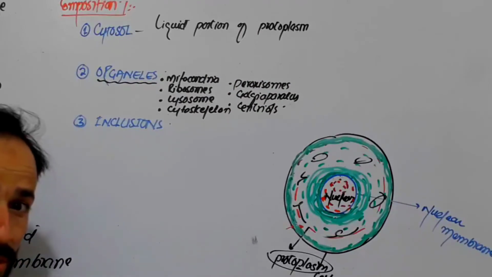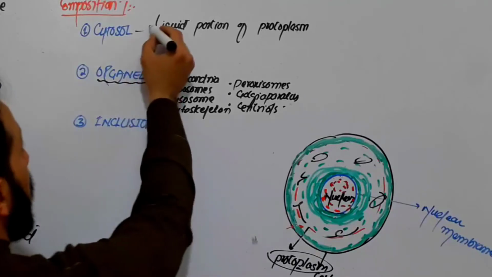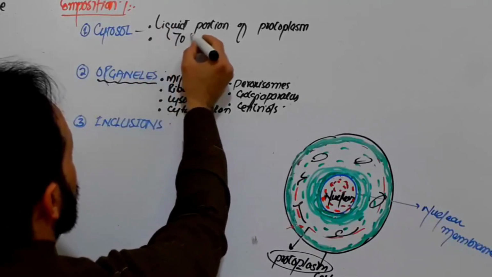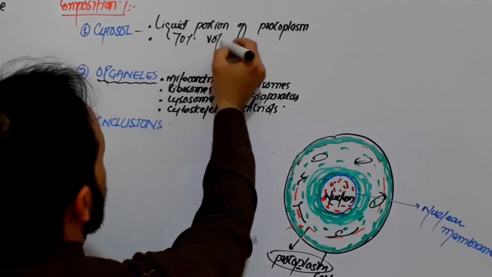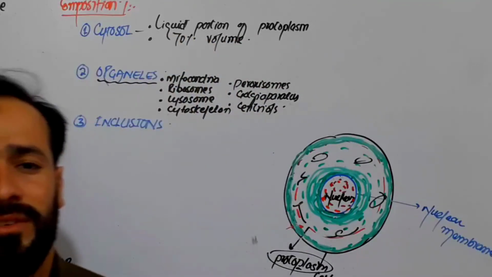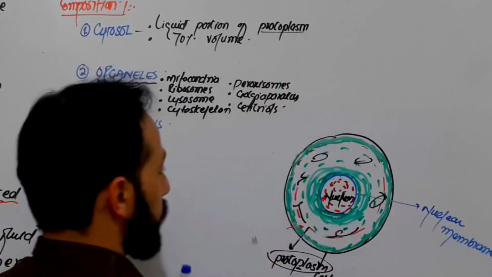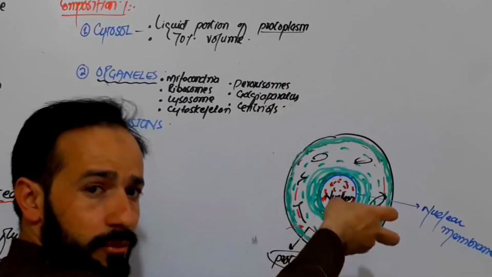And what is the difference between cytoplasm and protoplasm? I will clear it now. The cytosol has about 70% volume. The cytosol of the cell is about 70% of the total protoplasm, right?